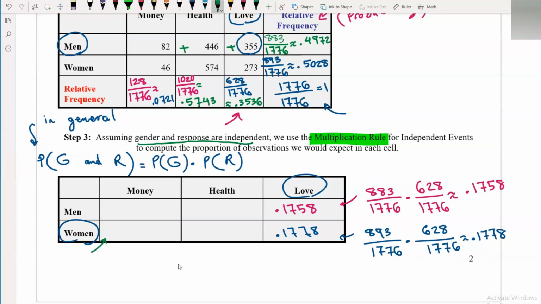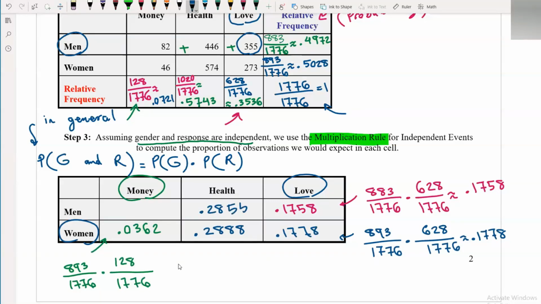Here is women, money. So women is 893 divided by the denominator, multiplied by, for money, this one, 128 divided by the total. So this is 0.0362. Do the same for all of these, and I have 0.2888. Here is 0.2855, and here is 0.0358.